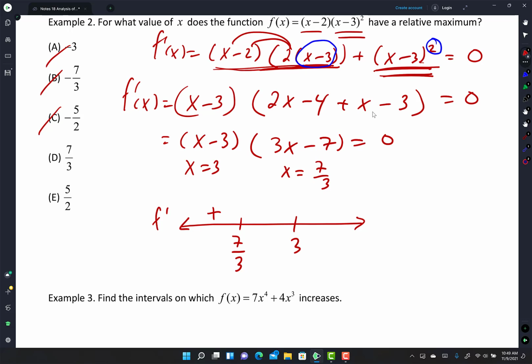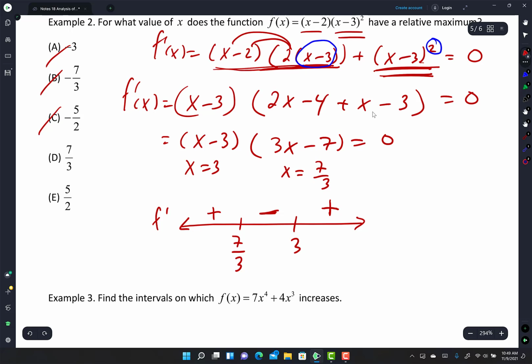2.5 minus 3 is a negative. 3 times 2.5 is going to be a number slightly bigger than 7. So it's going to be negative times a positive, which is a negative. Now I'm going to choose a number bigger than 3, like 5, or any number, 10 for that matter. So if I put 5, 5 minus 3 is positive. 5 times 3, that's 15, minus 7, that's another positive. Positive times a positive is a positive.